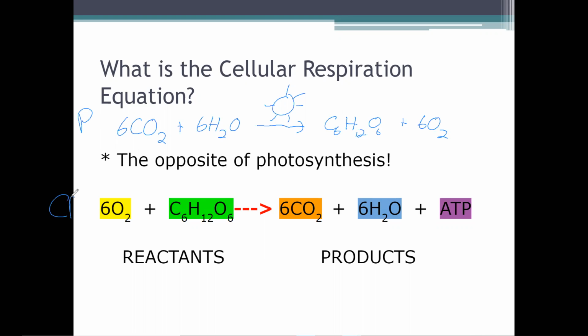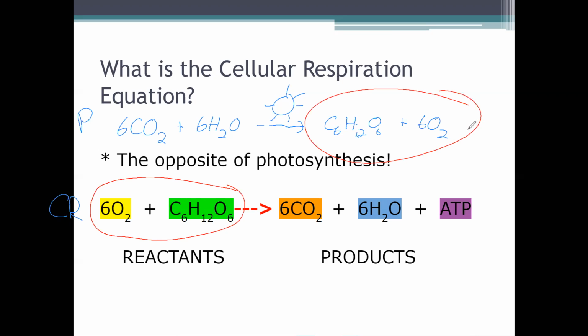This one down here is cellular respiration. So if we look and we compare the two, you should notice that our reactants, what we're starting with in cellular respiration, is the exact same thing that is produced by photosynthesis, and what we're starting with in photosynthesis is the exact same thing as is produced by cellular respiration.